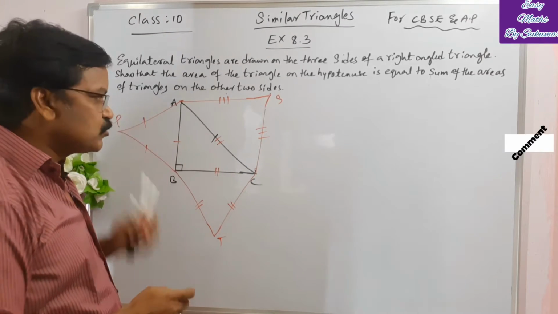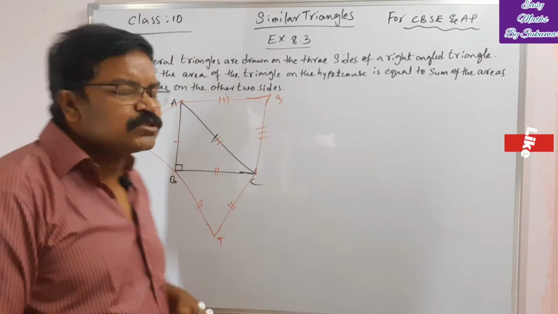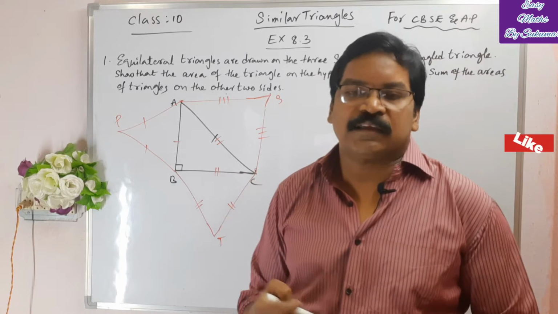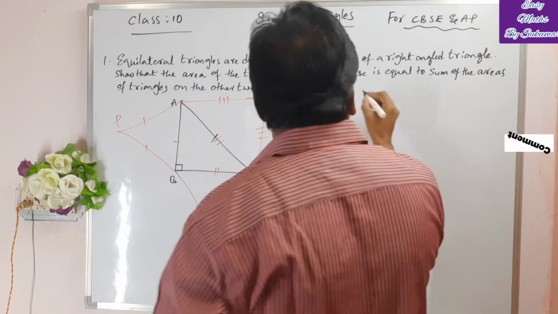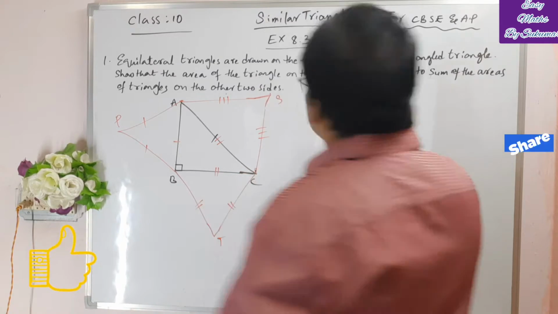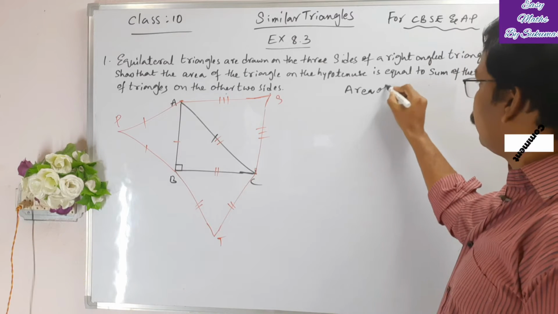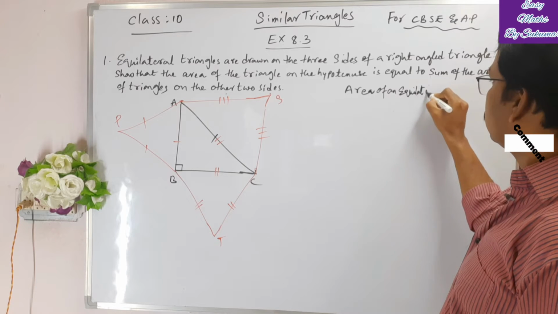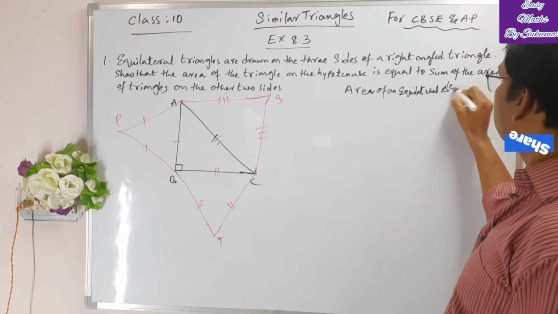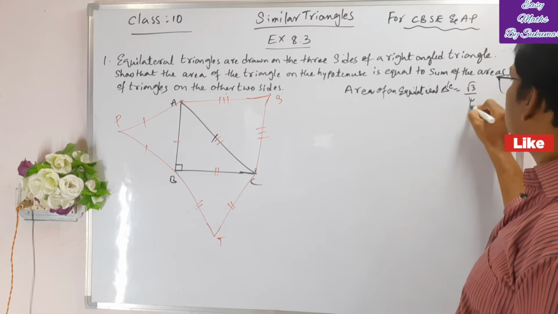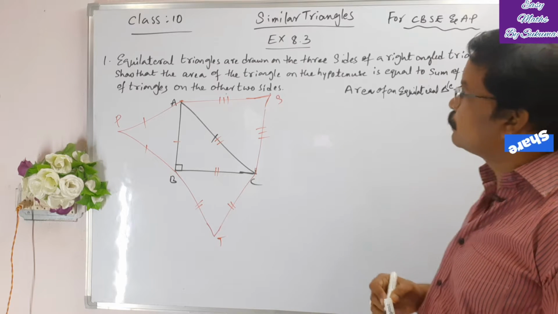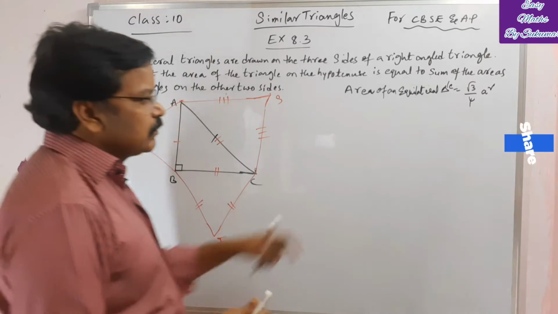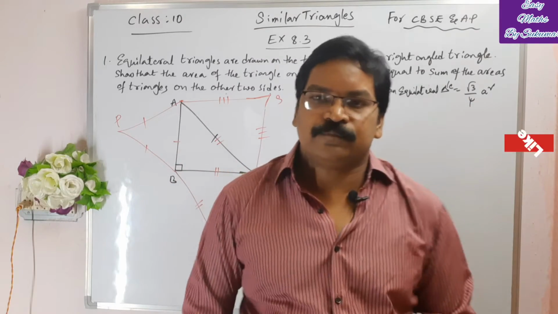See, my dear students, before we start the proof of this theorem, let us learn the area of an equilateral triangle. Area of an equilateral triangle is root 3 by 4 into a square.